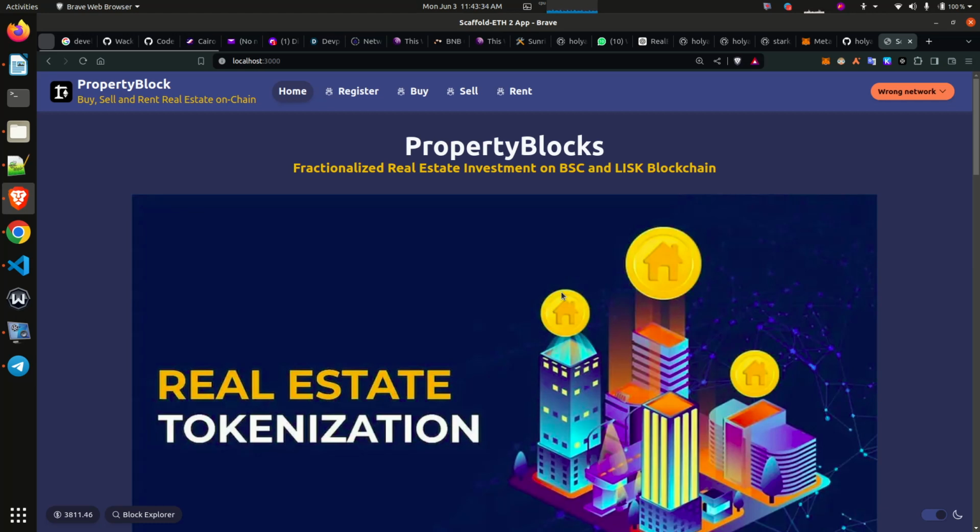So based on the amount of property fractions you own, you can decide the amount of loan you can get from this pool. That is another angle I've been looking at, but let me finish this one.